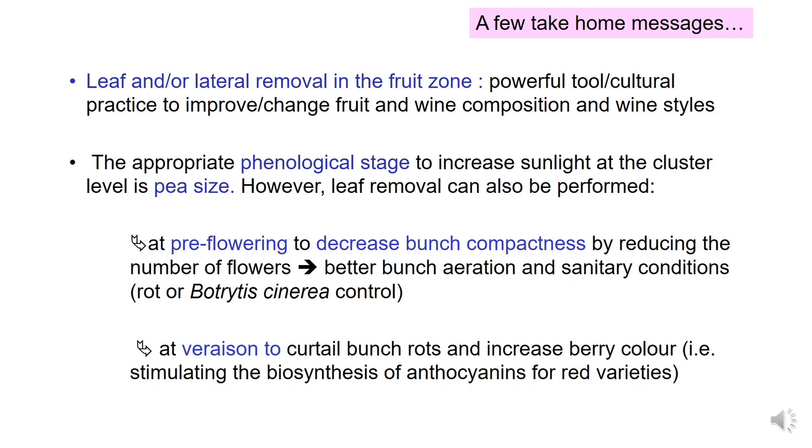Now, obviously, if you open the canopy before or after veraison, you will not have the same effect on fruit growth, fruit composition, and fruit health in terms of botrytis, for example. So, when to open the canopy during berry development will depend on your goals.